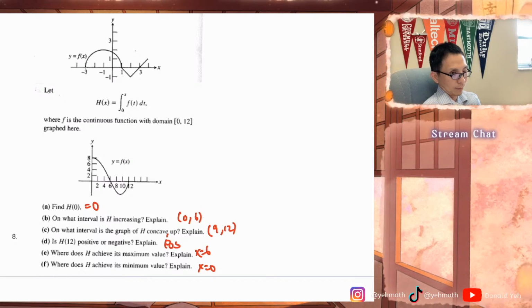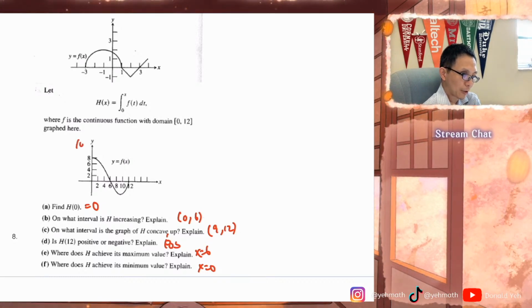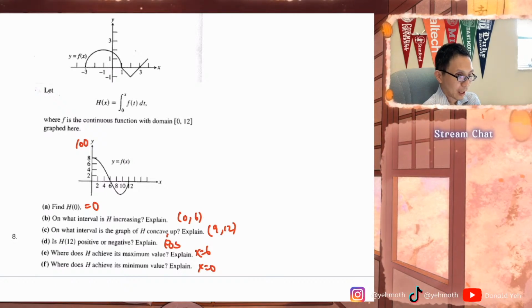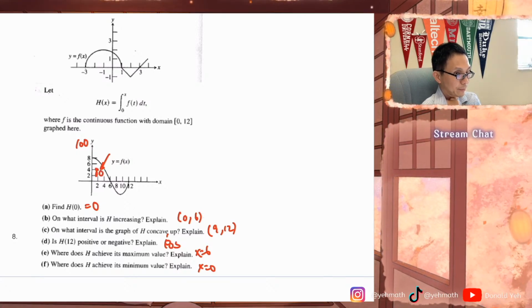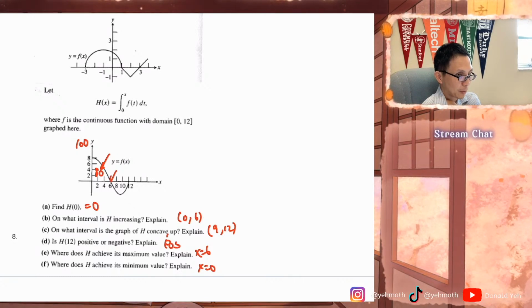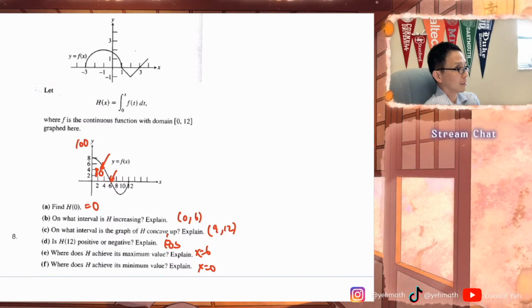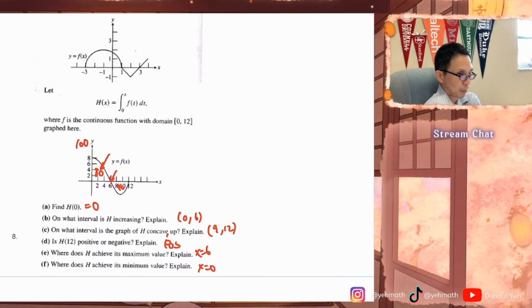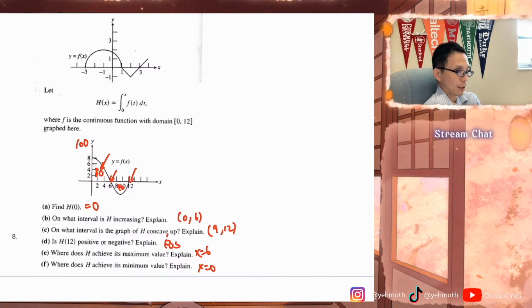It's because... let's just say I have $100 to start with, right? And let's say this area is 80. So when I get to this point, I actually have 180, right? And let's say this is a 40, much smaller. When I get to this point, it's going to be 140. So where's the lower?